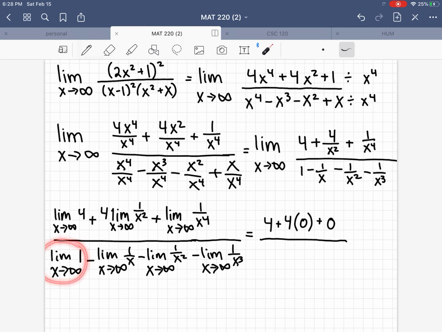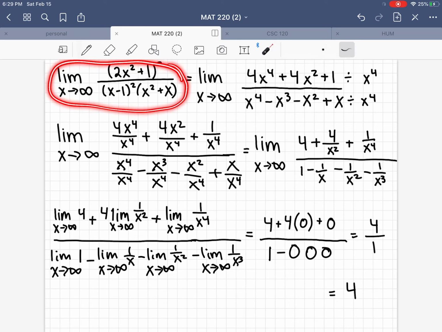On the bottom, we have our limit as x approaches infinity of a constant, which is 1, so that's just going to stay as 1, minus our limit of 1 over x. And really, we don't have any constants here. All of these are terms over x to a certain degree. Those are all just going to be zeros. So we just put those zeros in. So ultimately, we're just left with 4 over 1, or our answer of 4.